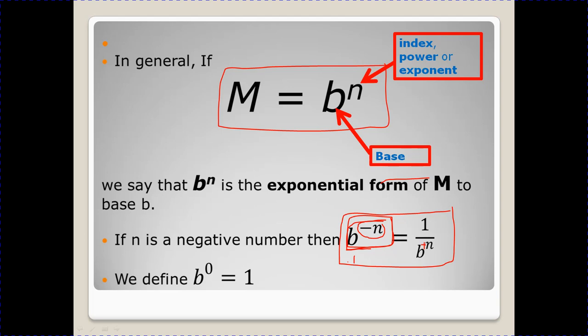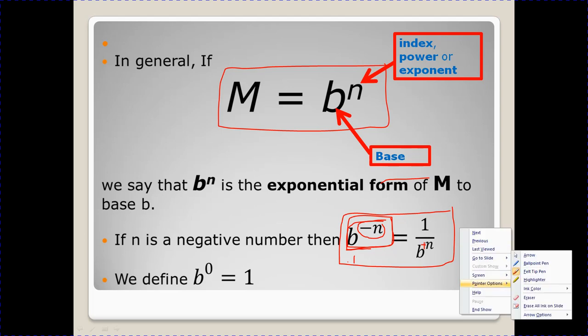So b to the power minus n equals 1 over b to the power plus n.